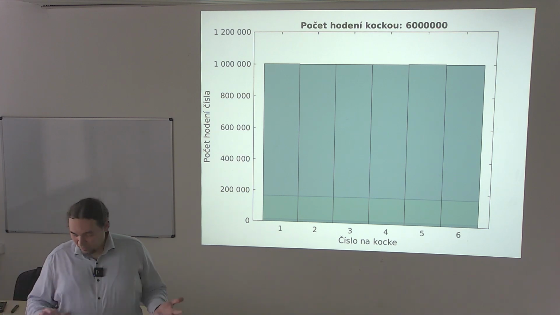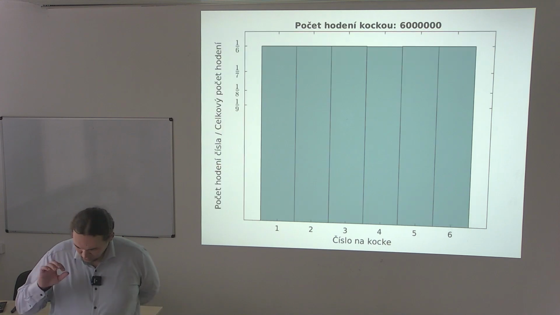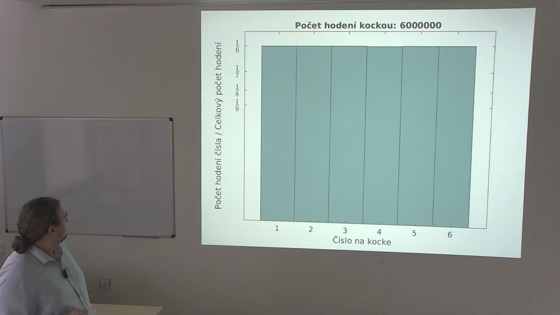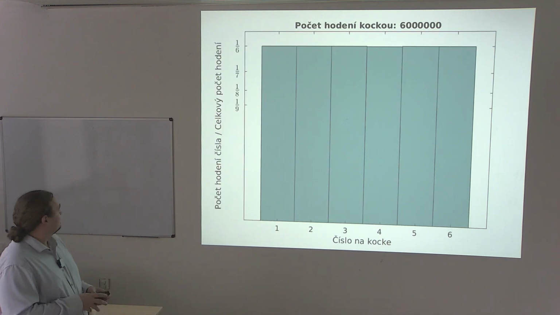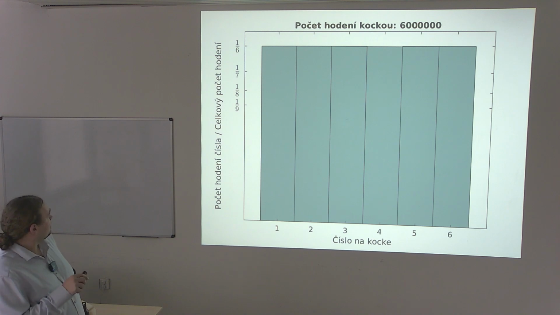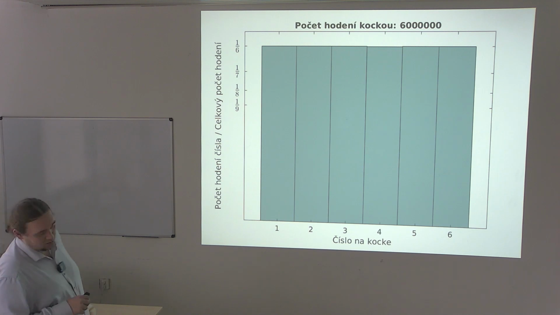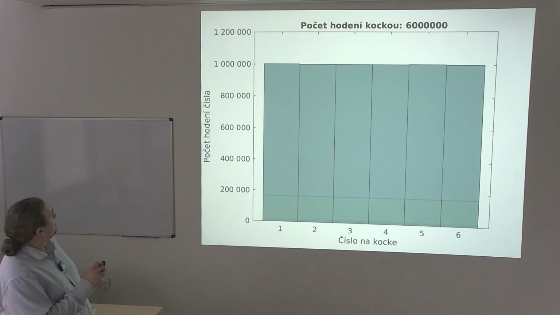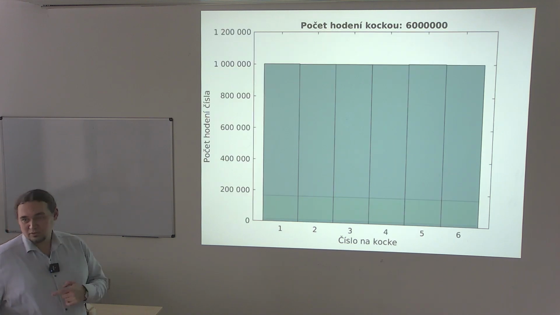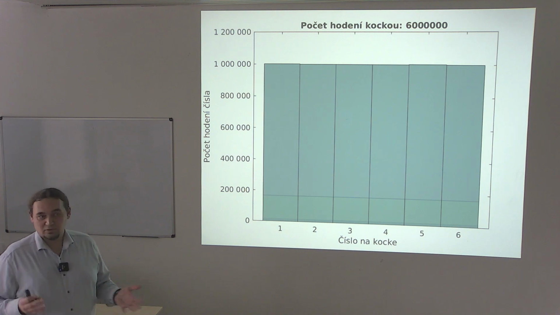So at this point, we of course conclude what? That we can make this histogram somehow normalized, such that we don't care about the absolute numbers, but we care about the proportionality, about the ratios.